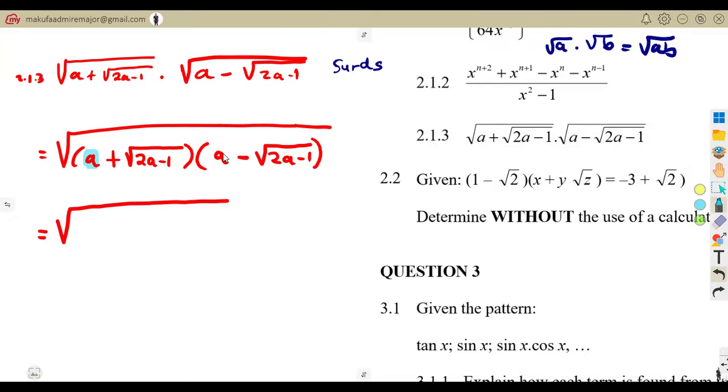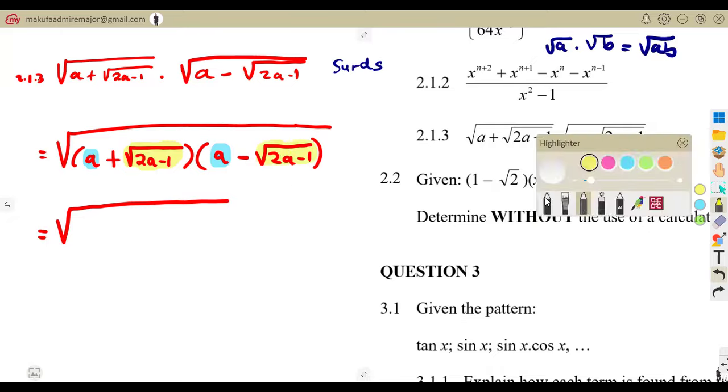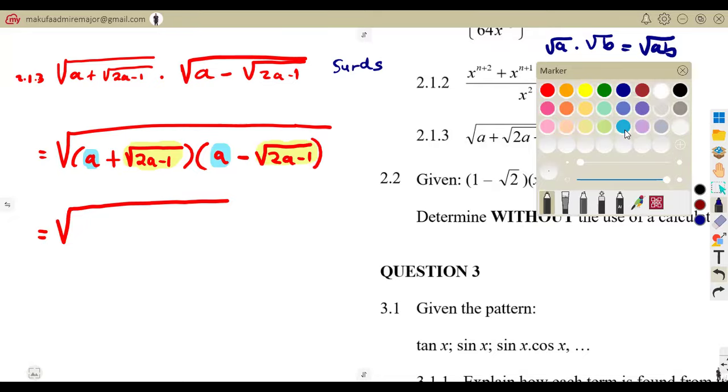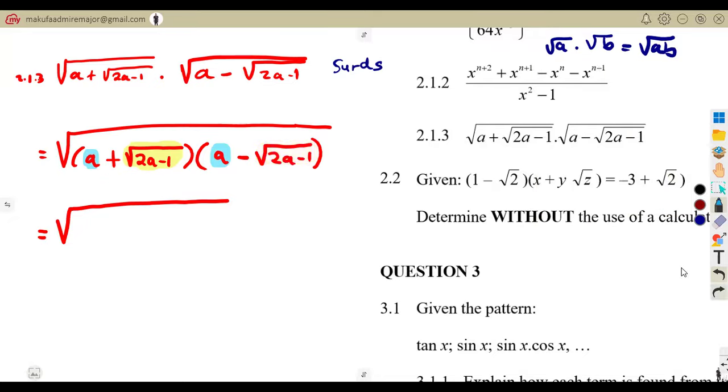This is a, this is a. There we have 2a minus 1 under the square root, and there we have 2a minus 1 under the square root. The only difference we see is the plus and the minus. Where was this taken from? One is a plus, another one is a minus.